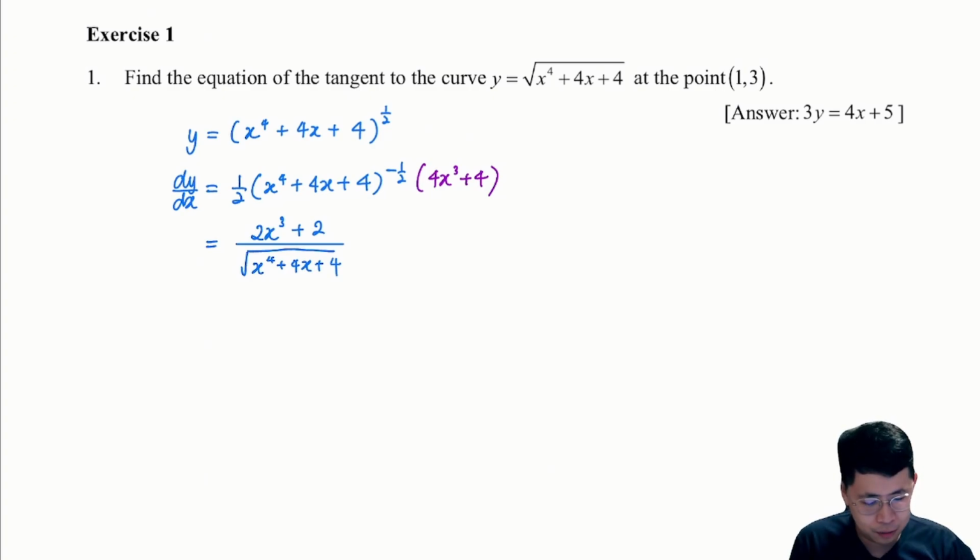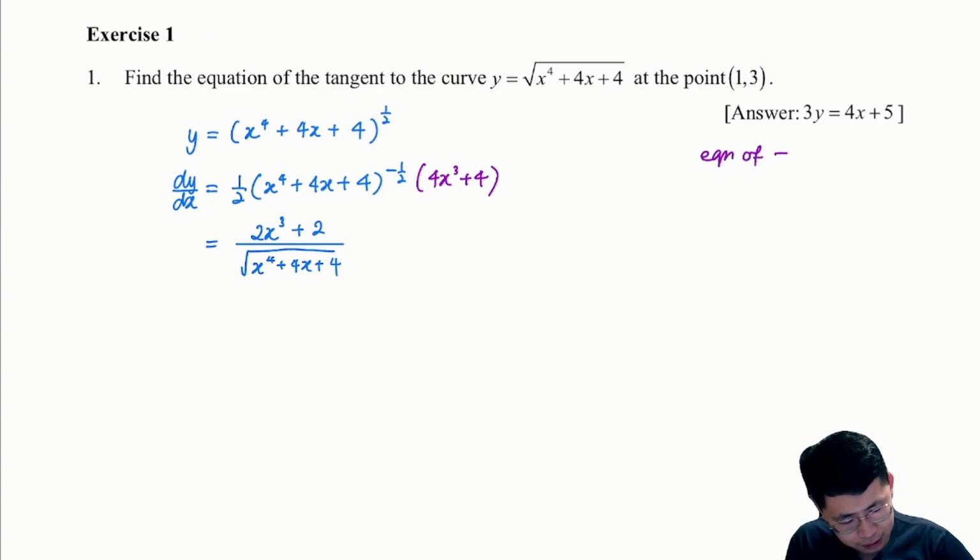Now, let us plan a little bit on what to do next. In order to find the equation of tangent, we need y equals mx plus c, or more importantly, y minus y1 equals m of (x minus x1).